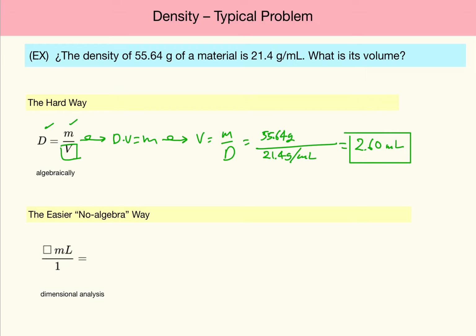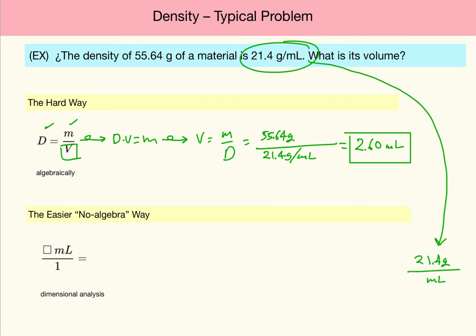Working the same problem out with dimensional analysis, we're looking for the volume, and the unit of the volume is milliliters. So we look at our data and see, do we have anything with the mL in it? Well, we do. We have a milliliter there. But remember, with dimensional analysis, this has to be written as a conversion factor. So this would be written 21.4 grams per milliliter. Remember, a slash has to be written as a horizontal line. So I need milliliters in the numerator, so I'm going to use the conversion factor this way.